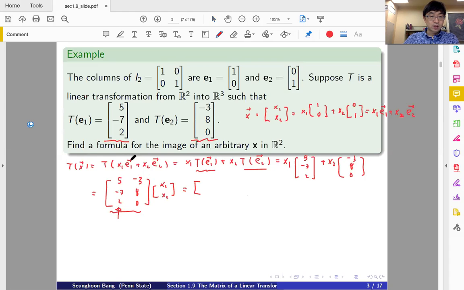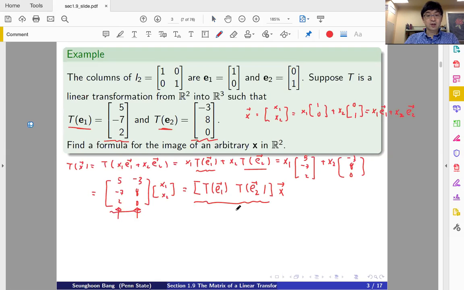The first column is exactly TE1, and the second column is TE2, times vector x. This is one good formula for finding the image.